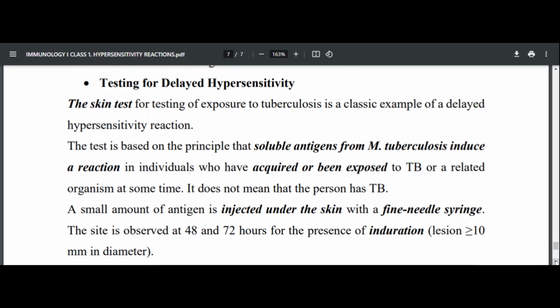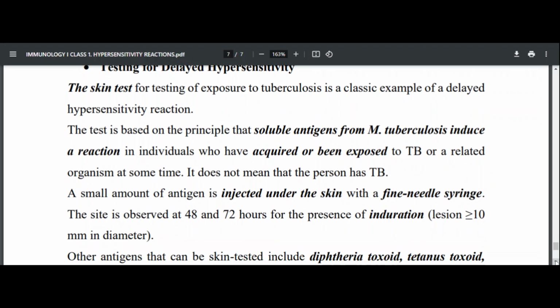So what is going to happen? We are going to take a small amount of antigen and we inject it under the skin with a fine needle syringe. The site of injection is then observed at 48 to 72 hours for the presence of induration, which is of course like swelling or lesion.